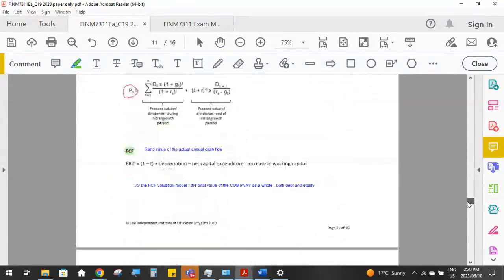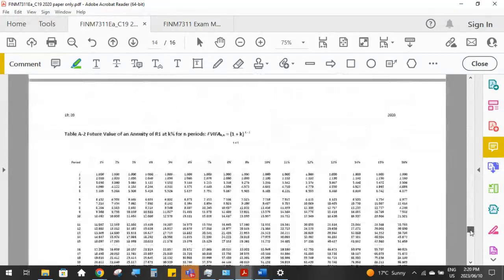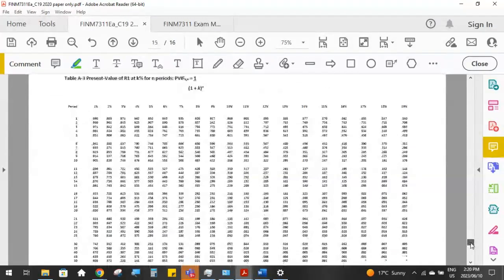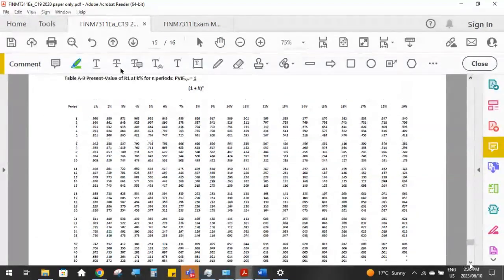We want the present value of a lump sum table. Oh, they are the right way around. Good. That's a future value of annuity, present value of R1. Okay, so this is the one we want. The heading: present value of R1 for n periods.